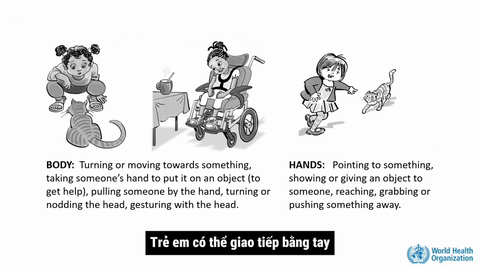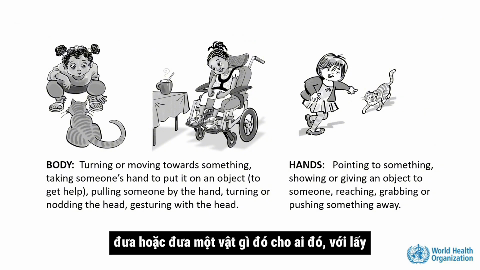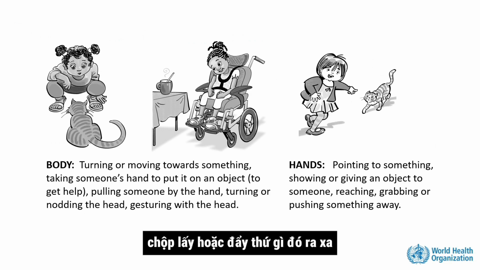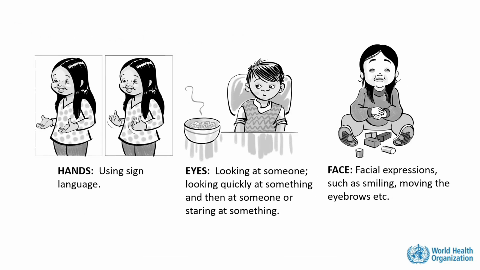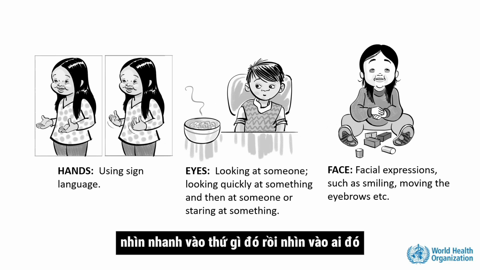Children can communicate with their hands: pointing to something, showing or giving an object to someone, reaching, grabbing, or pushing something away. Children can communicate with their hands by using sign language. Children can communicate with their eyes by looking at someone, looking quickly at something and then at someone, or by staring at something.